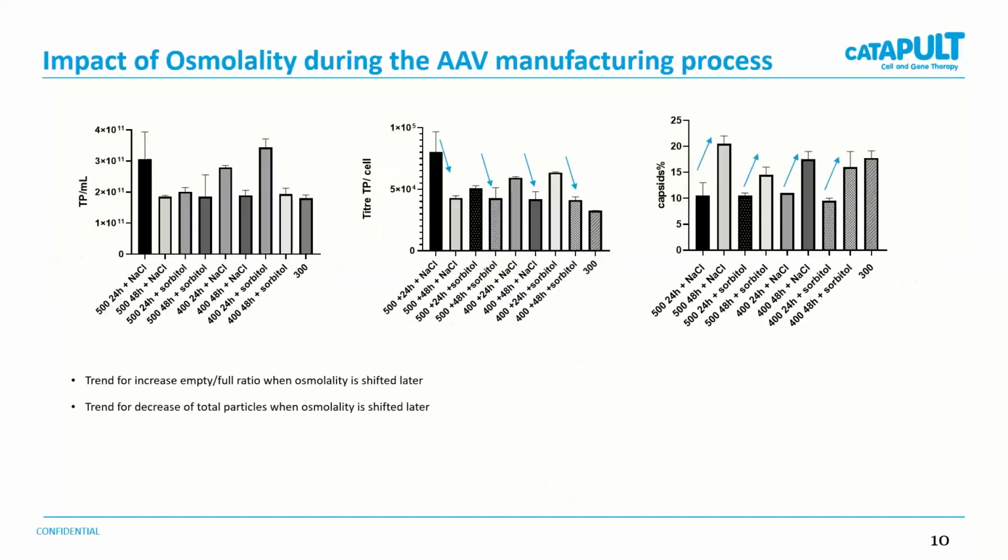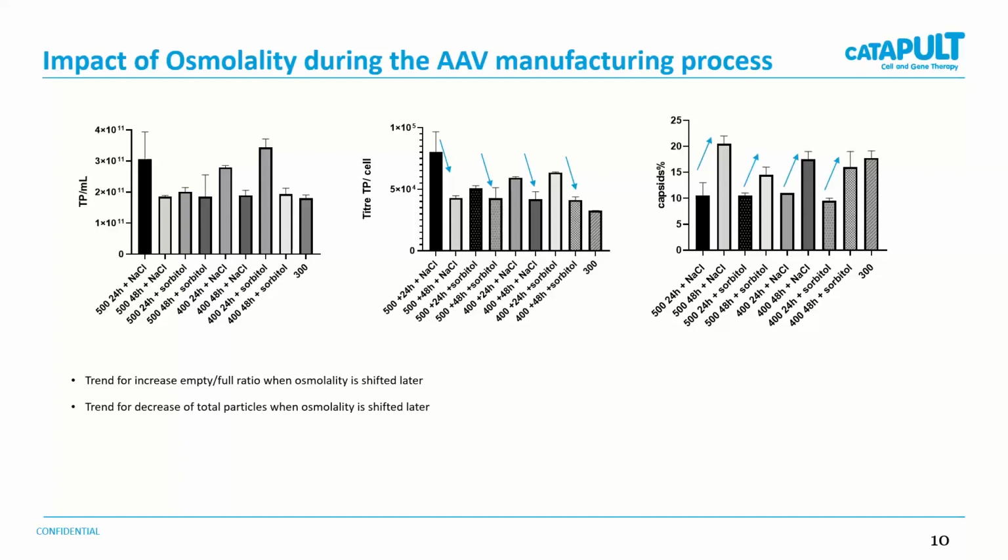For this experiment, finally, I want to show you something about the empty-full ratio, because it's something we would like to increase in AAV manufacturing. We want more full, obviously. On the left graph, you can see the total particles for all conditions.